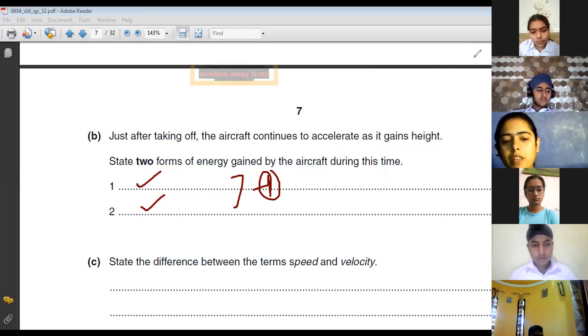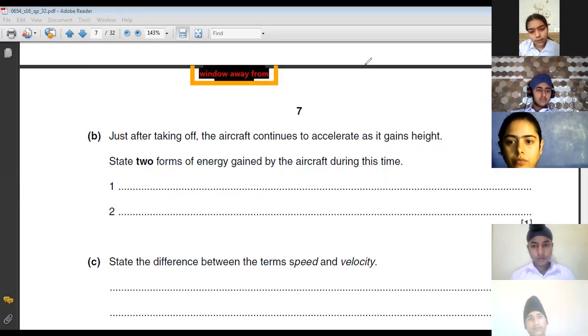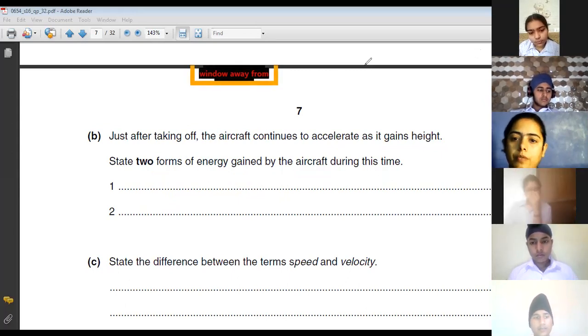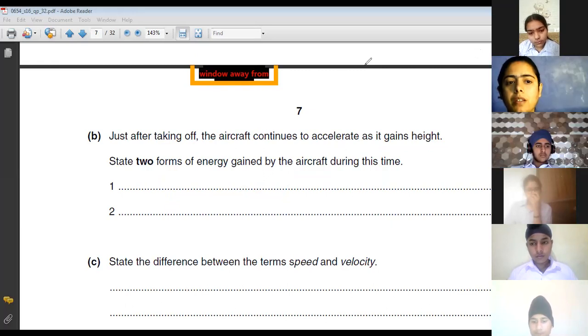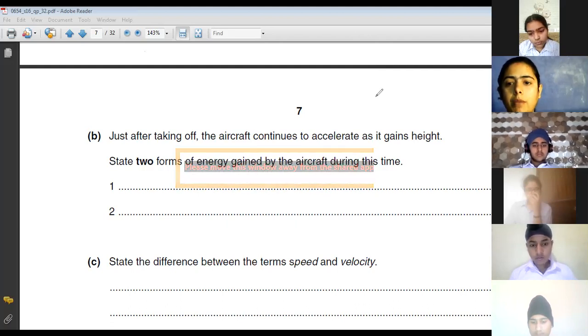What is the difference between speed and velocity? Speed is scalar and velocity is vector. Very good, Jasmine. Speed is a scalar quantity, velocity is a vector quantity. Anybody else? Any other difference?